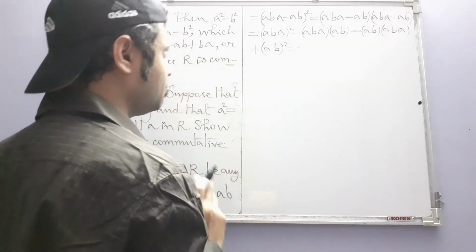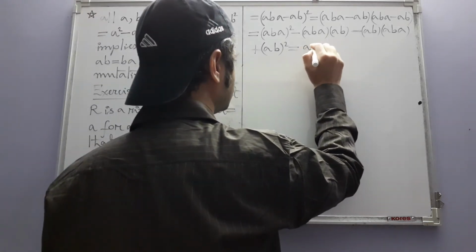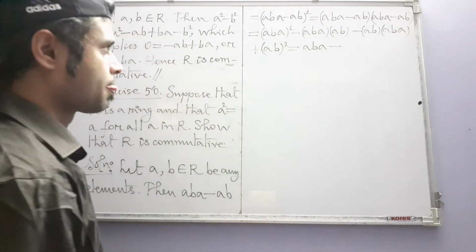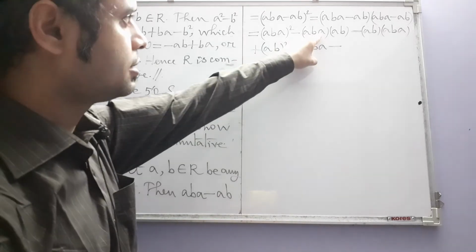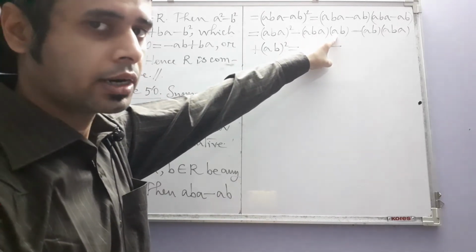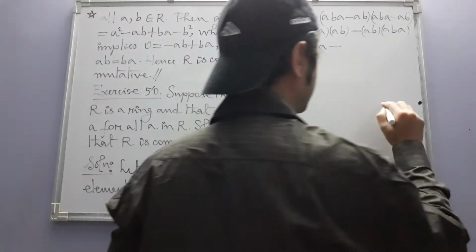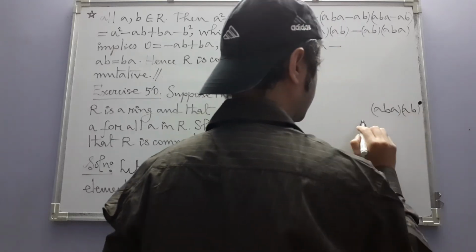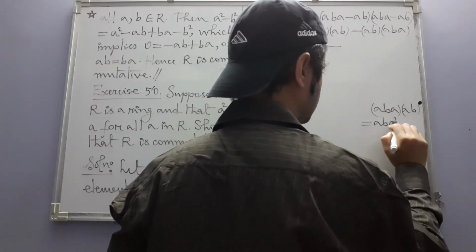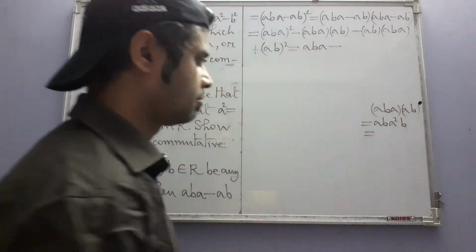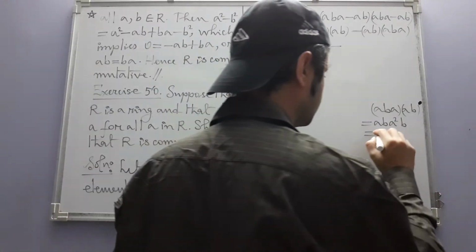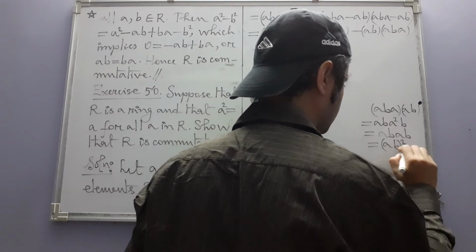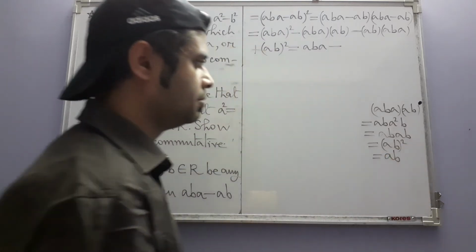Okay, now ABA whole square is ABA because every square equals the element itself, minus. You can see that these two things will give you A square, and let me show the thing here, AB. This becomes AB A square B. A square becomes A, so we have got AB whole square, which then again becomes AB.